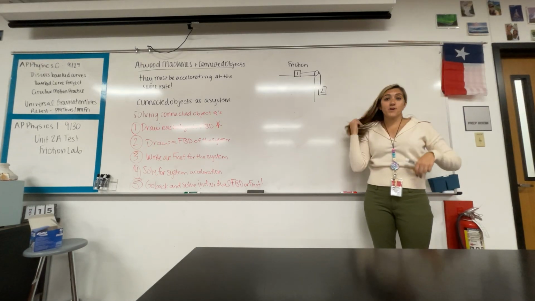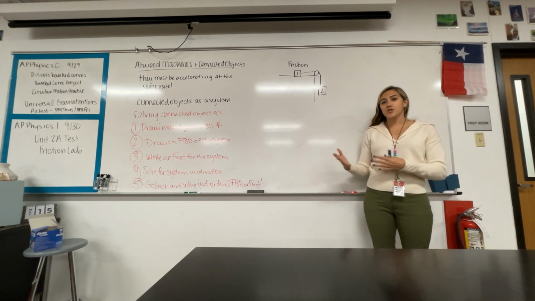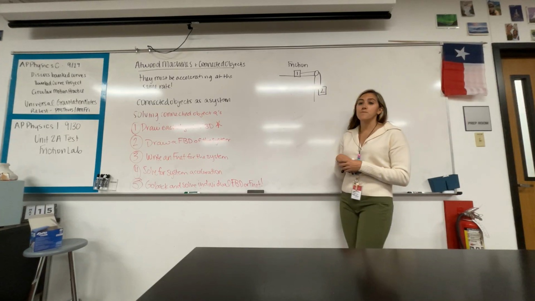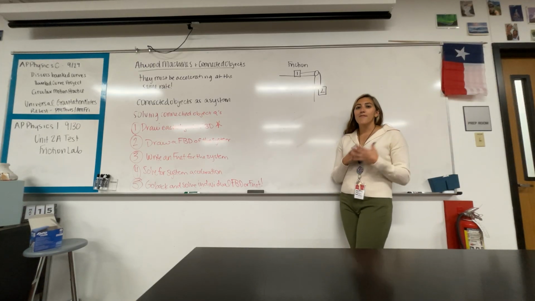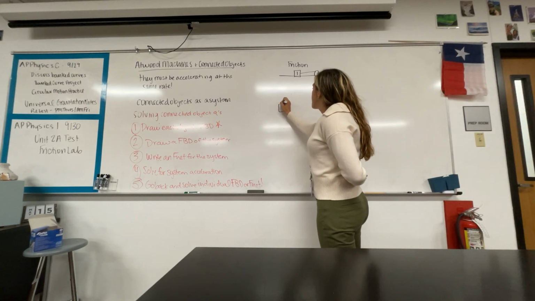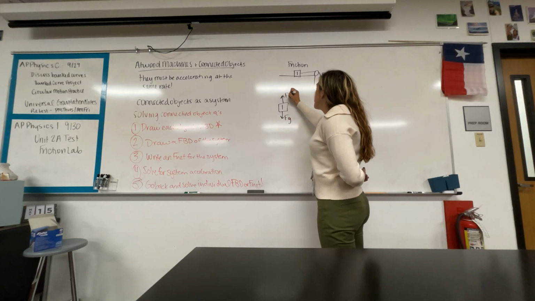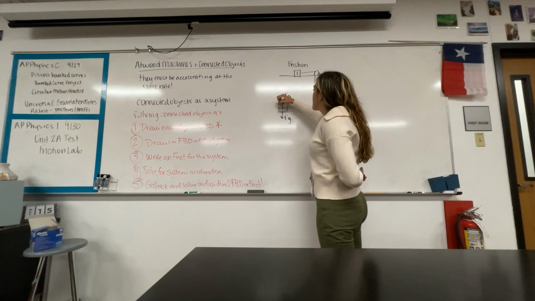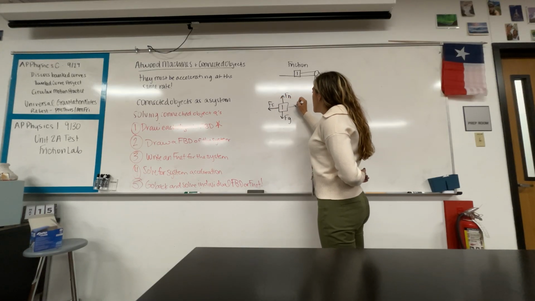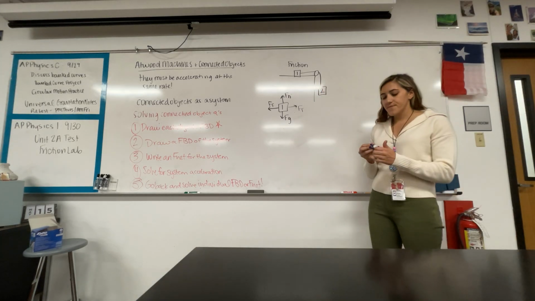So, first step, I'm going to draw the free body diagram for each object in the system. This is really important, especially for a modified Atwood machine, especially if there's friction. That way I don't miss any of the forces. So, for object 1, it has Fg going down, Fn going up, and it would have a force of friction going this way, and a force of tension going to the right.